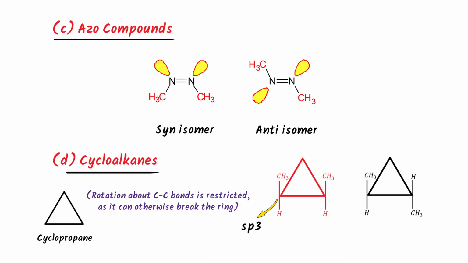Now you can see in cyclopropane there are three restricted carbon atoms. The two restricted carbons do contain different groups. On one side it's hydrogen and methyl, on the other it's hydrogen and methyl again. Now as you see, the two methyls are on the same side, so it's a cis isomer. In the next case it will be a trans isomer.